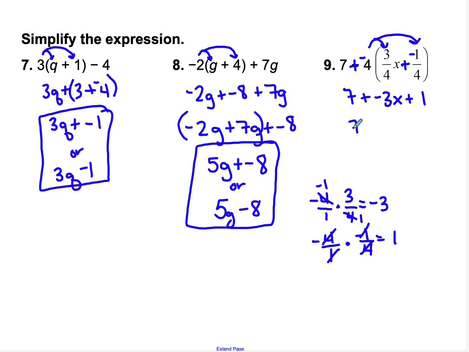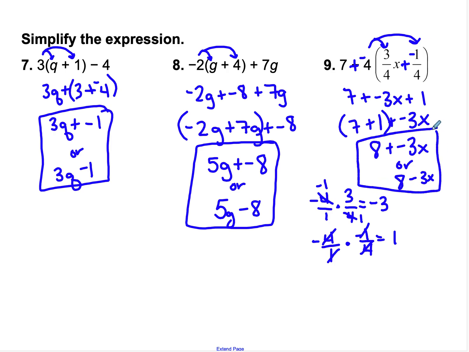So I'm going to do 7 plus 1 plus -3x. Commutative property to reorder, associative property to group. 7 plus 1 is 8 plus -3x. Or I can write it as 8 minus 3x. And I could have flip-flopped that too. I could have written the -3x part first, -3x plus 8, and that would mean the same thing.